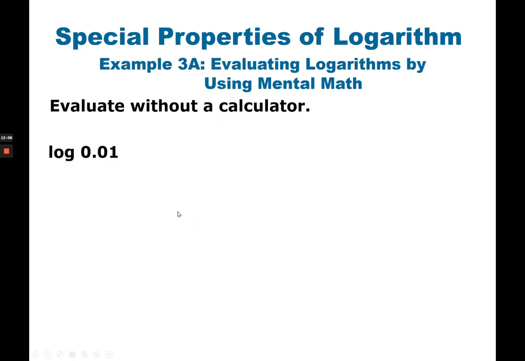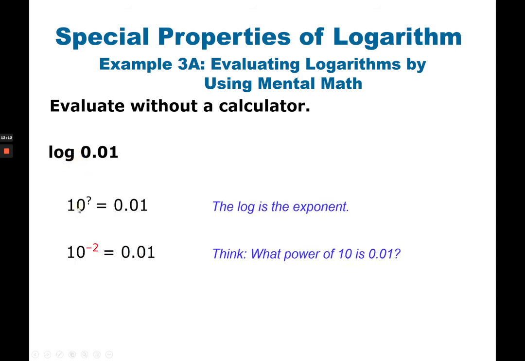Evaluate without a calculator. So you see there's no number, it's actually 10. 10 raised to a number is equal to 0.01. The log is the exponent. So what number do you raise 10 to, to make 0.01?